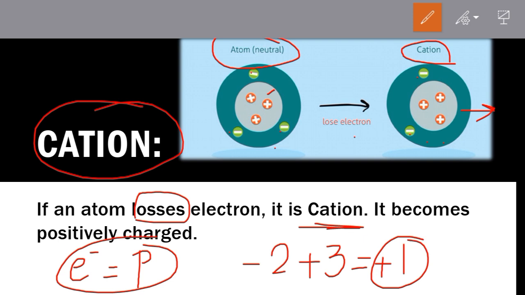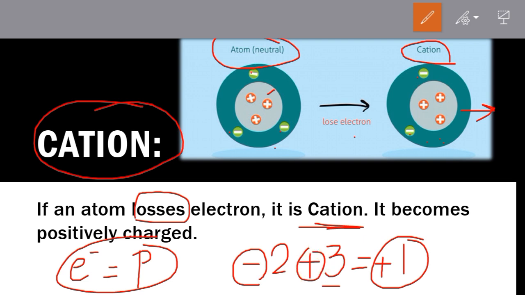So if I simplify it for you, we can say that here there are 2 electrons because it has lost one electron, but protons are still the same. We will put their charges as well, negative for the electrons and positive for the protons.